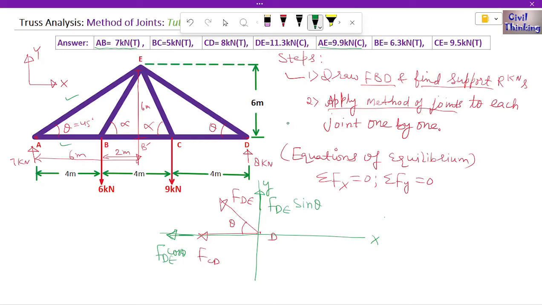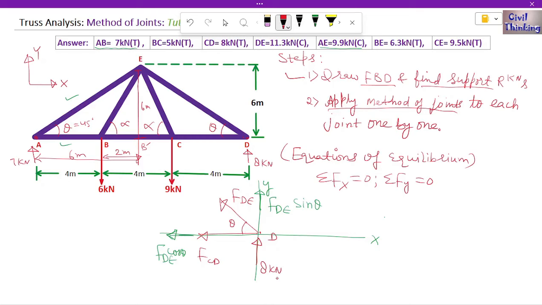Now also remember we have this 8 kilonewton at D upwards. I have to show it also. Okay, 8 kilonewton, because in the free body diagram of the joints or any free body diagram we show all the forces, the support reactions, the external loads, whatever, we show all the forces. So now let's apply the equations of equilibrium.